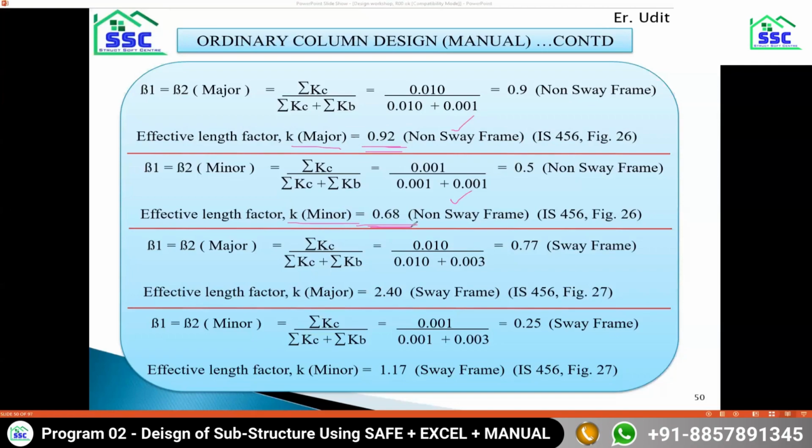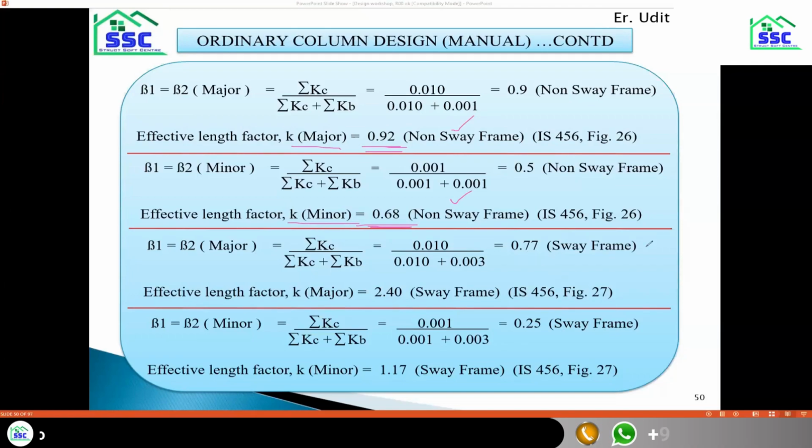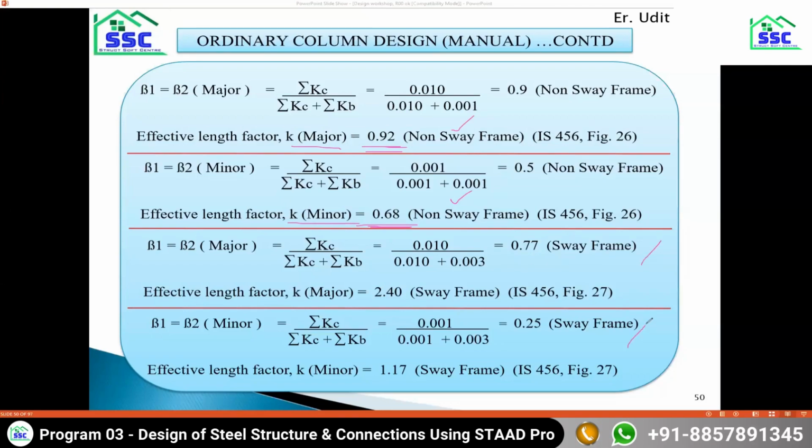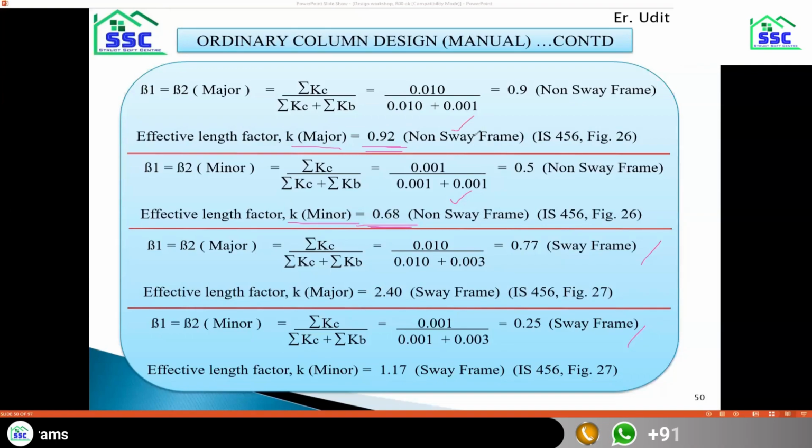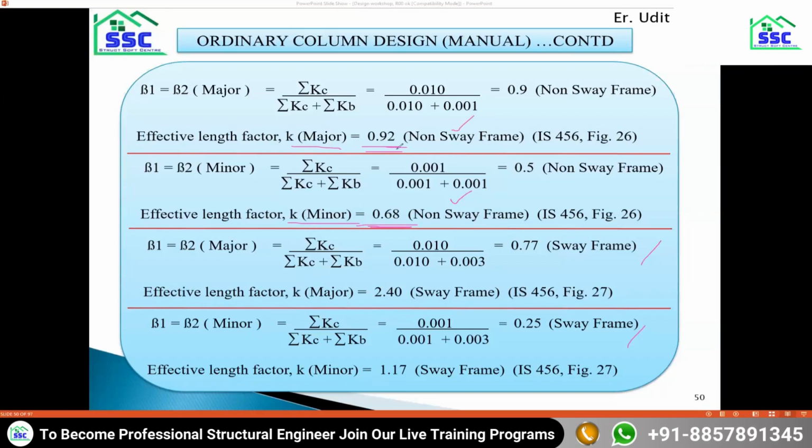There are similar calculations for a sway frame, but I will come to these calculations when we go to ductile column. I don't want to confuse you right now, but now we are assuming our frame as non-sway and the effective length factors are 0.92 and 0.68.